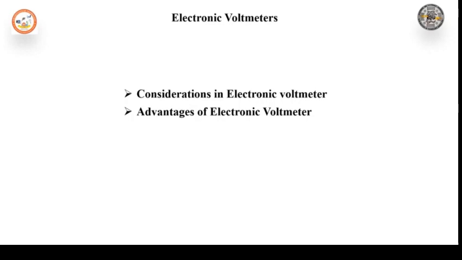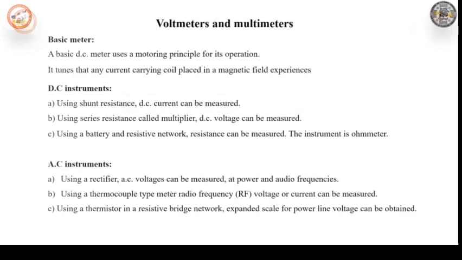Next is the gain of the DC amplifier allows the voltmeter to be used for the measurement of voltages in the millivolt range. Finally, the overload cannot damage the meter because the amplifier saturates and limits the current through the meter. These are the few advantages of electronic voltmeter.